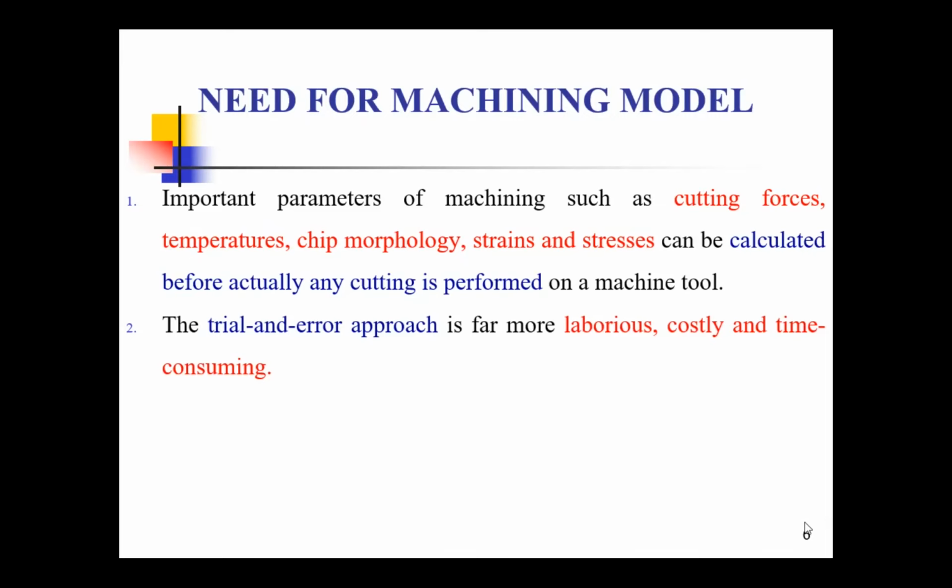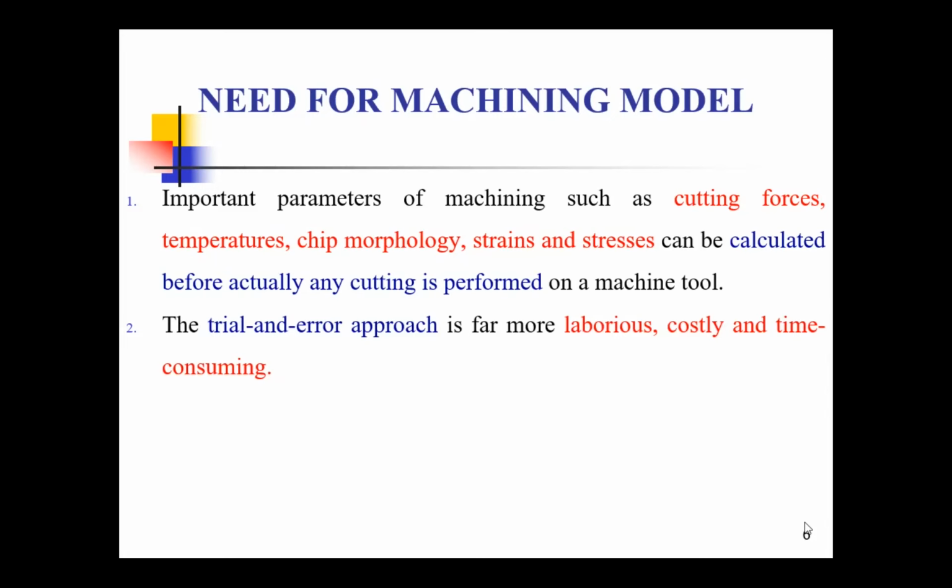So consider an experimental work. As told, I am going to take 10 cutting speeds, 10 feed rates, 10 depths of cut to study their influences. So I have to carry out 30 experiments, which is laborious work, involving lots and lots of manpower, energy, workpieces, and utilization of machines.